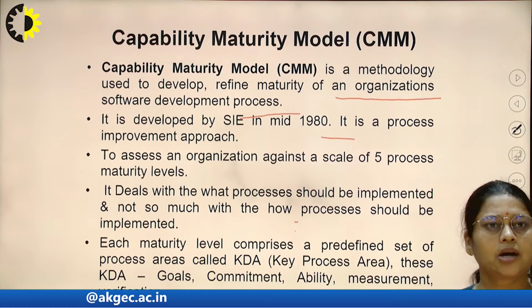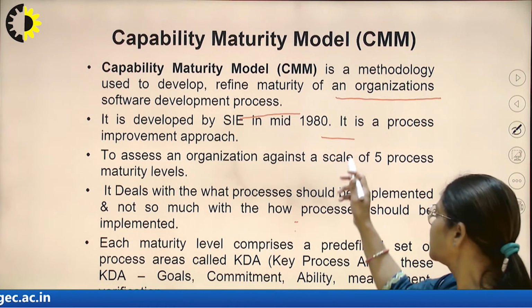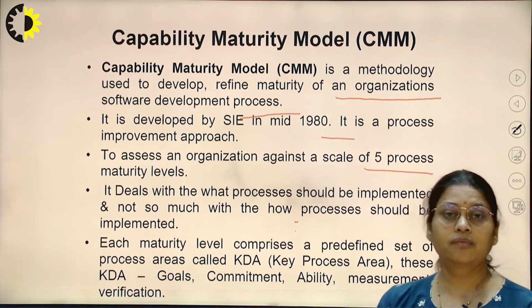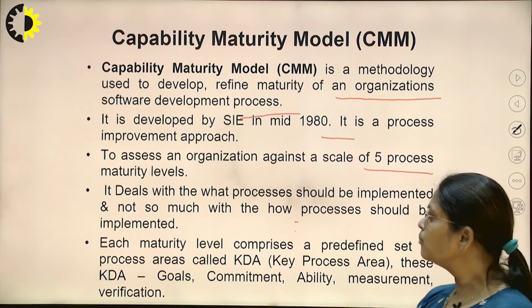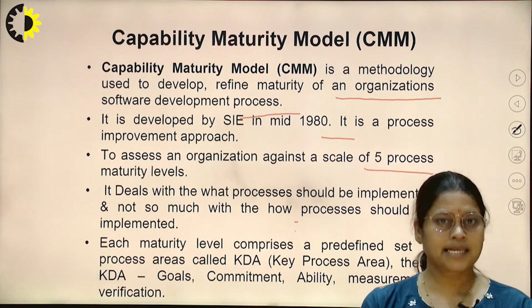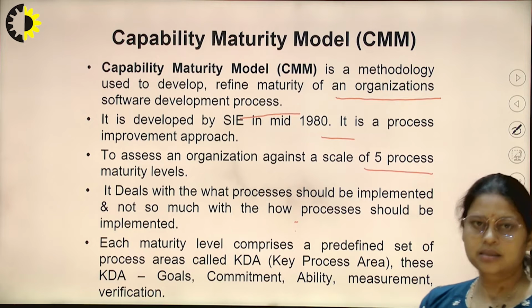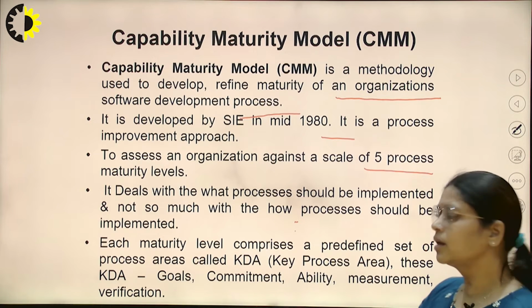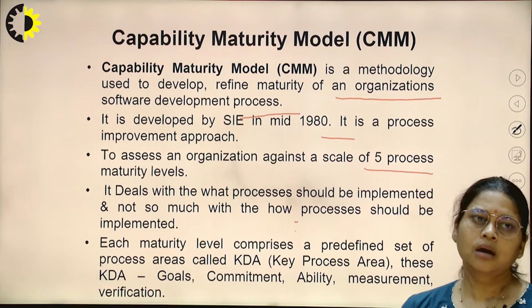It assesses an organization against a scale of 5 maturity levels. The company is assessed by SEI using CMM, and after that a particular level of certification is provided to the company.